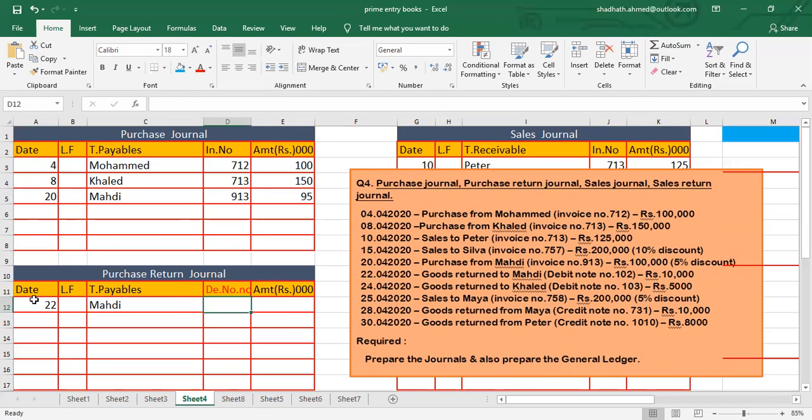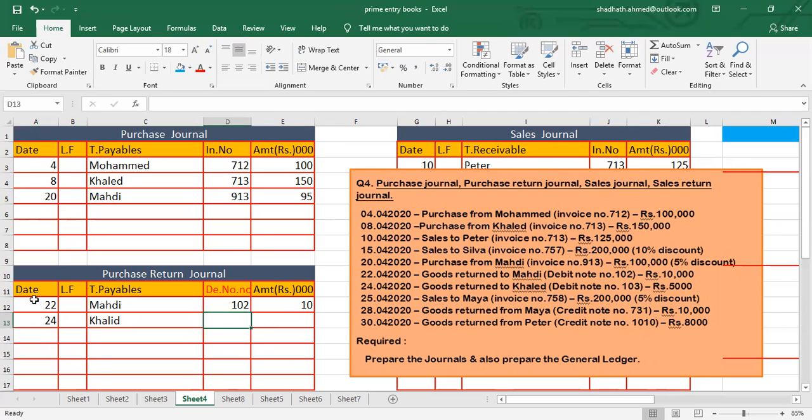The debit note number is given to you, 102. Amount is 10,000. Goods returned to Khalid on 24th. So it is also a purchase return on 24th. Khalid.